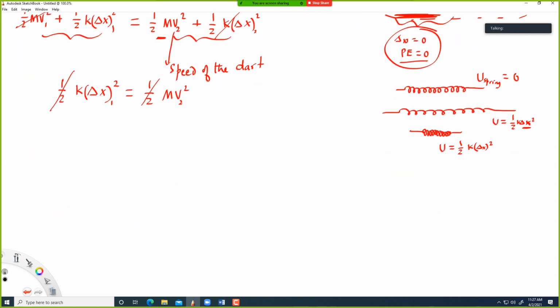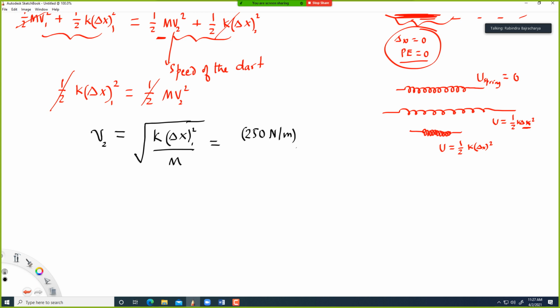So what did you get? v2 is equal to the square root of k delta x squared over m. Okay, that's good. So k is the spring constant of the spring, which is 250 newtons per meter. There's a typo there, that's per meter. 250 newtons per meter.